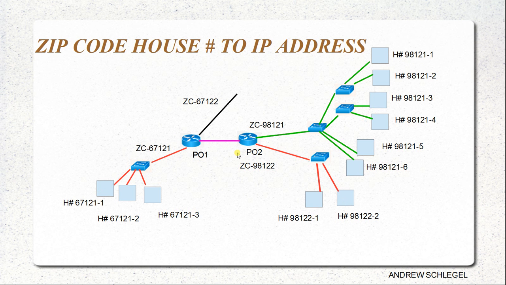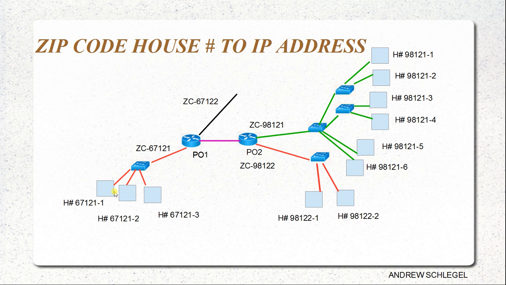But if I'm at 98121-1 and I want to send mail over to 67121-1, well, this could be, for example, 5 states away. It could be a long way away. So he sends the mail up to the post office, and then the post office says, oh, well, it's going to have special instructions because they have no idea where the 67121-1 house is.